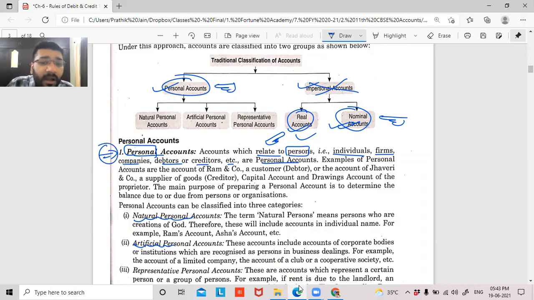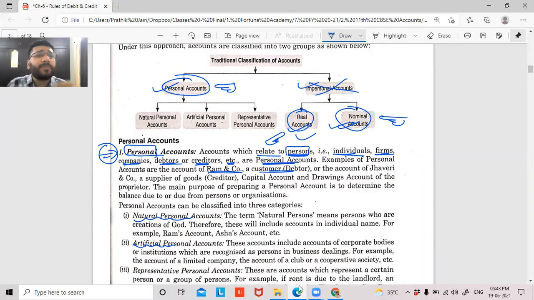So what are they telling? Accounts which are related to a person. The person can be natural or artificial. That is individual, firm, partnership firm, companies, debtors. Debtors means customers, creditors. Debtors, creditors are all my human beings, etc. These are all treated as personal accounts. An example of personal accounts is Ram and Co, who is a customer and debtor.